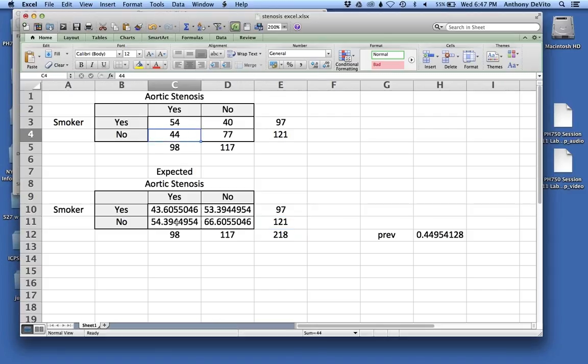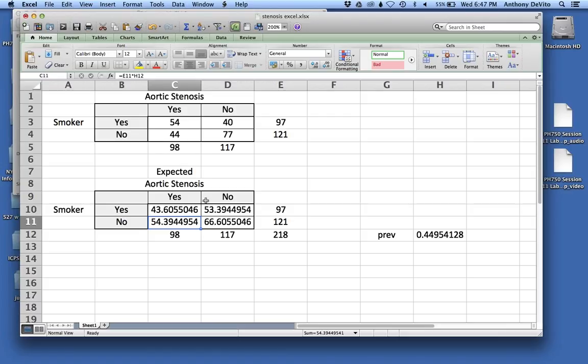Well, I'm getting fewer than I would have expected. So we're getting more smokers having aortic stenosis than we would have expected, 54 instead of 43. And we're getting fewer non-smokers having aortic stenosis, 44 out of 121. So we see differences here.